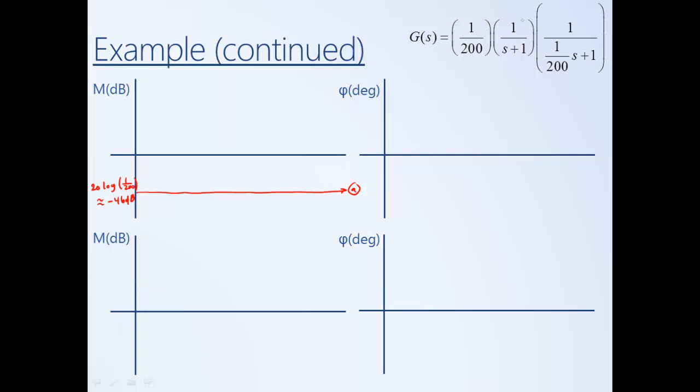We then have a simple pole, where the magnitude plot starts out at 0 dBs at low frequencies, and then it has a break at 1 over t, where in this case t is equal to 1, so 1 over t is also 1. At that point, the slope breaks downward at -20 dBs per decade.